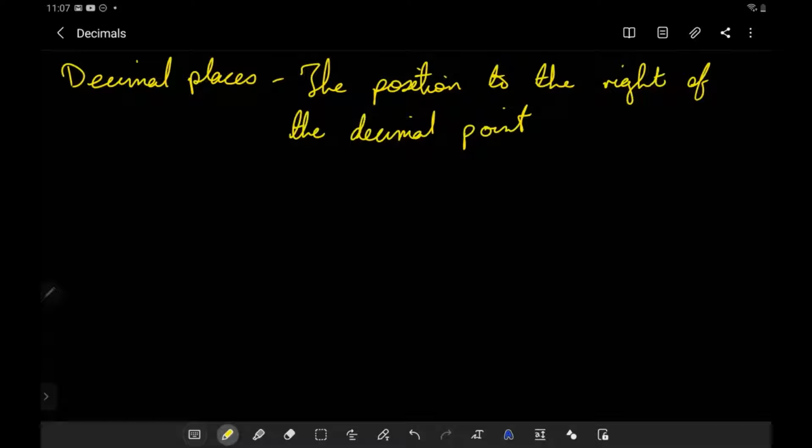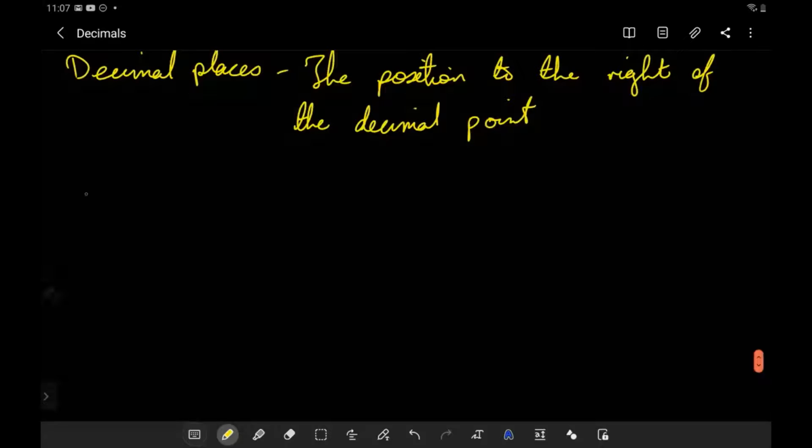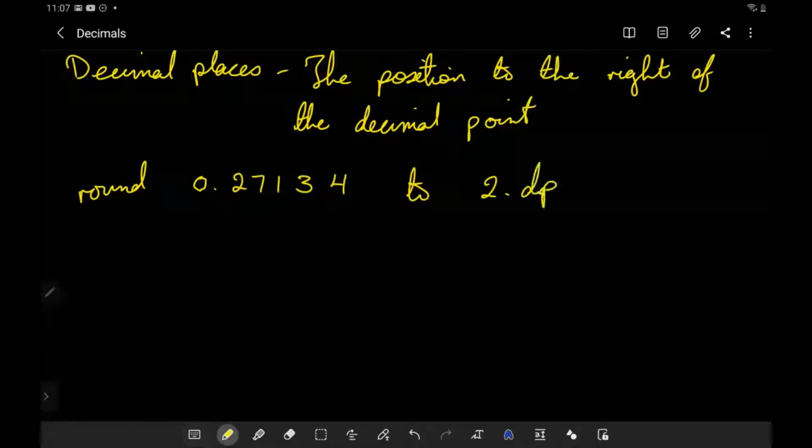Right, so for example, if I was to say round 0.27134 to two decimal places, what would you do? Well, you look at the second decimal place, which is the 7.